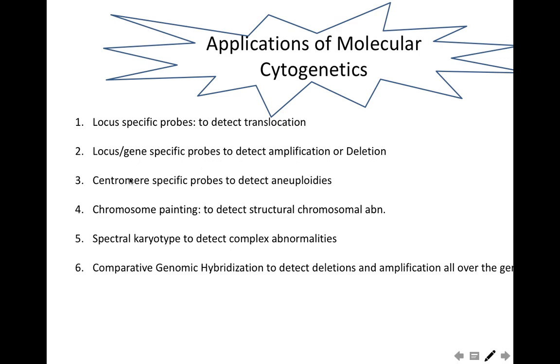The probes can be directed to the centromere, and it can therefore be used for counting the number of the chromosomes.